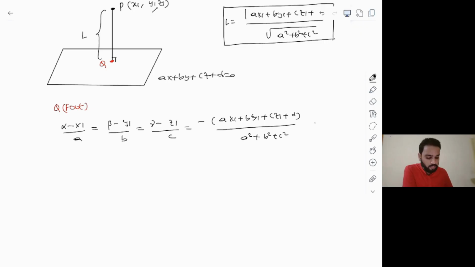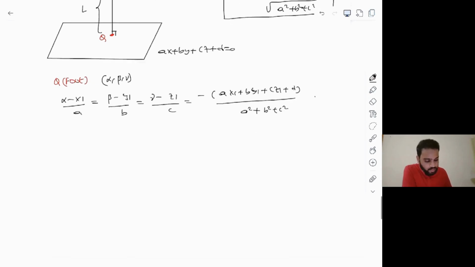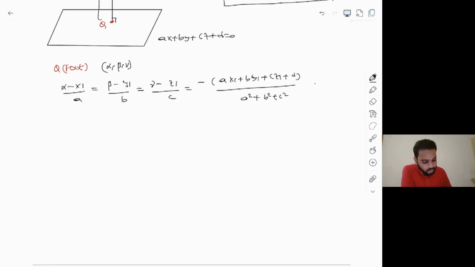This is the foot of perpendicular formula, and here alpha, beta, gamma is nothing but the foot of perpendicular. Okay, and similarly we have the formula for image also.